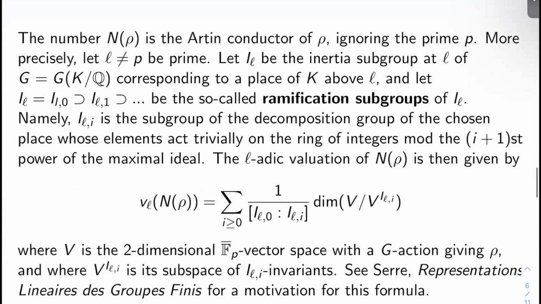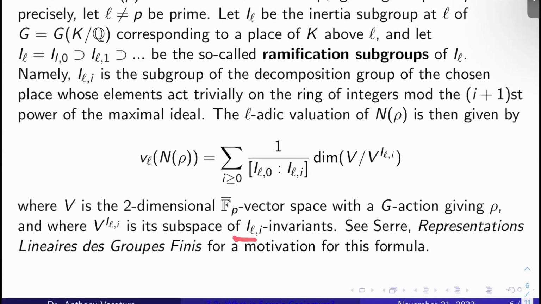Okay, to tell you what N of rho is, I just have to give you the l-adic valuation of N of rho for any l not equal to p, right? Here's the l-adic valuation of N of rho. v_l of N of rho is the sum over i at least 0 of 1 over the index of I sub l i in I sub l 0 times the dimension of V mod V to the I sub l i, where V is the two-dimensional F_p bar vector space with the G action that admits rho, and where V to the I sub l i is just the subspace of V of I sub l i invariants as usual.